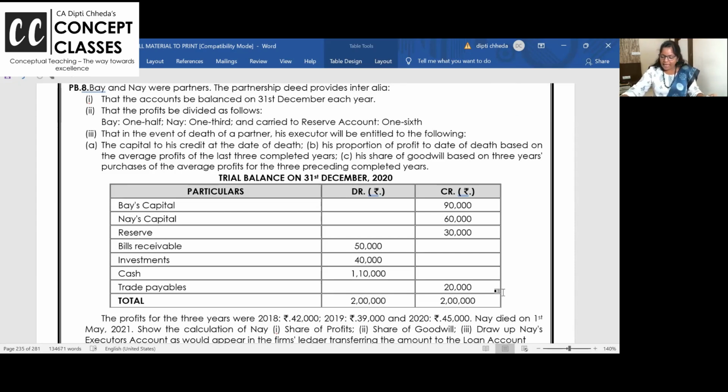8th problem. A and B were partners in the partnership, and their accounts have a calendar year ending. The share of the profits was half and 1/3.